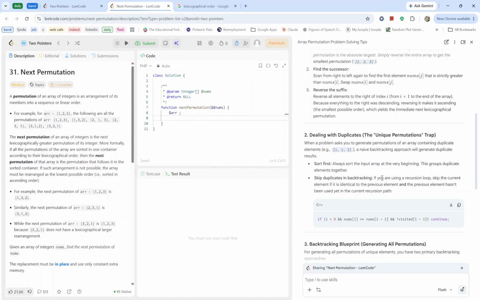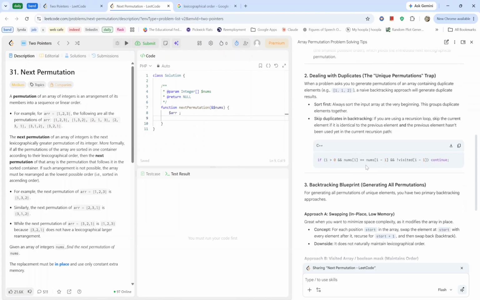When the problem asks you to generate permutations containing duplicate elements, a naive backtracking approach will generate the duplicates first. Always sort the input array at the very beginning. This groups duplicate elements together. Skip duplicates in backtracking: if you're using a recursion loop, skip the element if it is identical to the previous one and the previous element hasn't been used yet in the current recursion path.